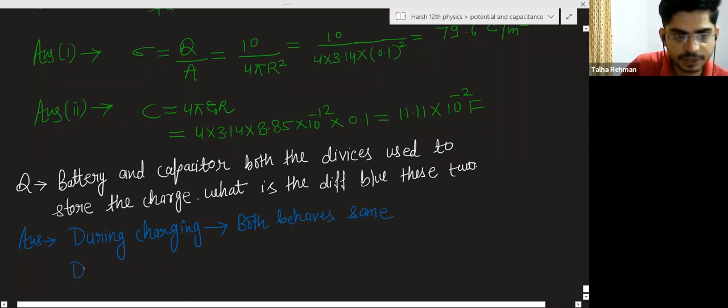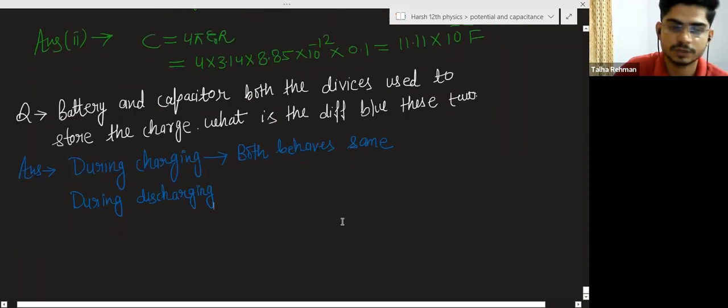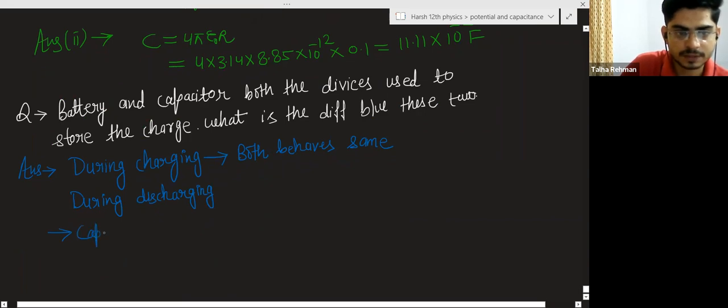But during discharging, the capacitor discharges very fast.